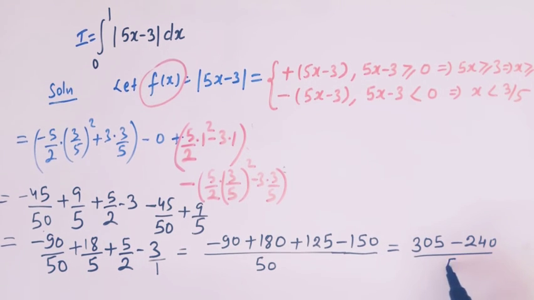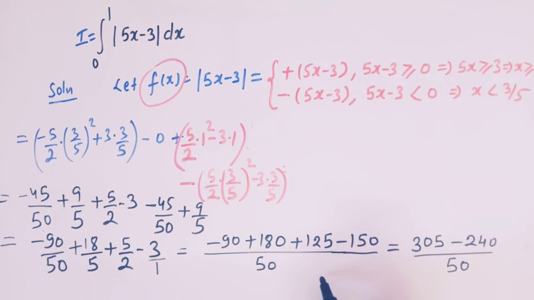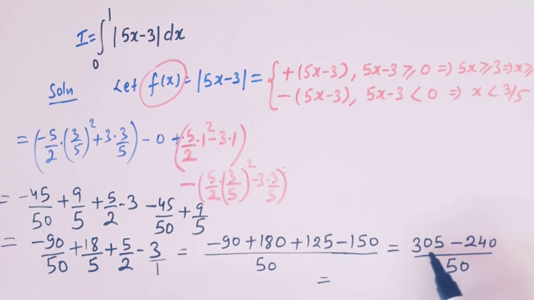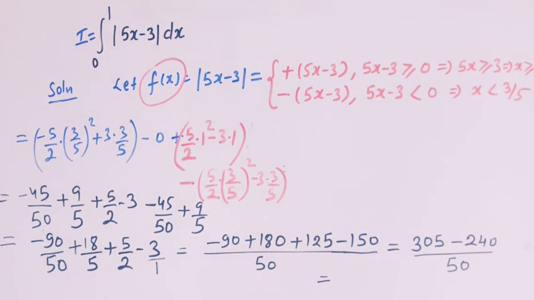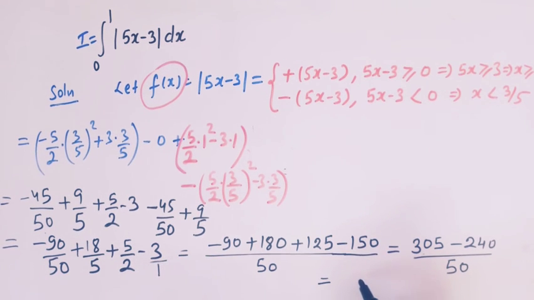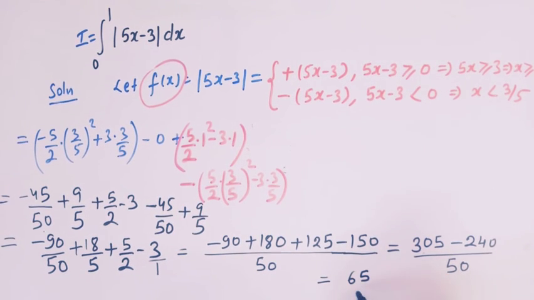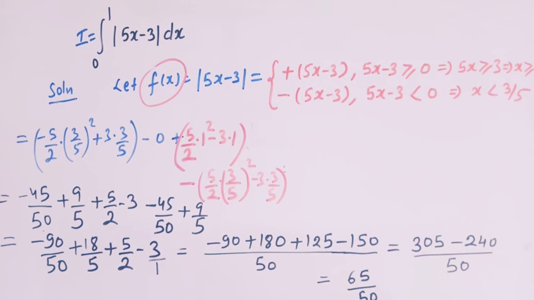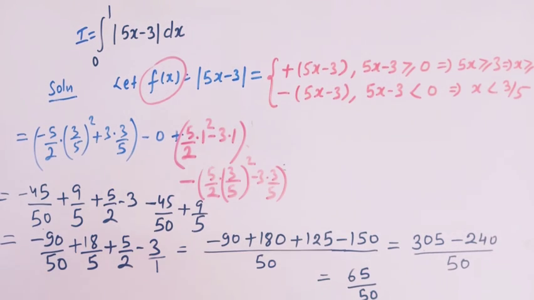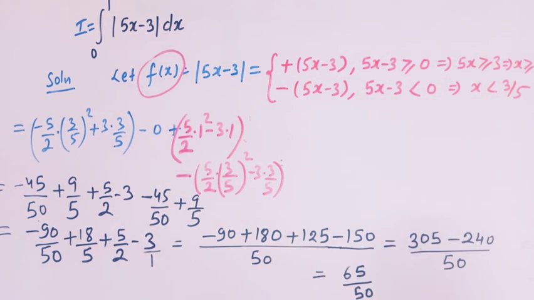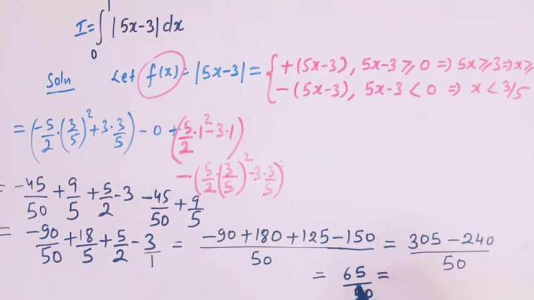And here we have 50, and if we subtract these two terms, then we'll get 65 over 50, and if we simplify 65 over 50, then we have 5 13s are 65, 5 10s are 50, and we have 13 over 10, right?